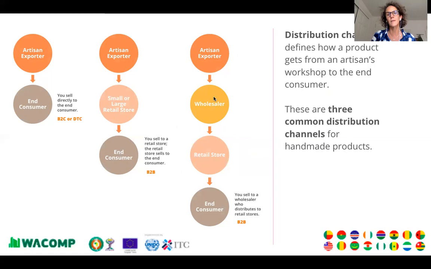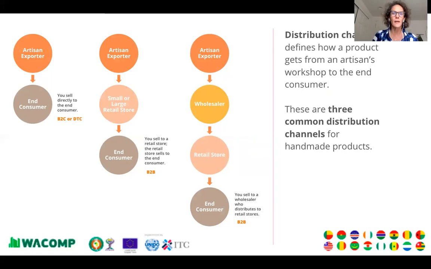That wholesaler sells on to a retail store. That retail store sells on to the end consumer. As I said, these channels exist in both export markets and domestic markets. If we were talking about the domestic market, we would call this artisan exporter instead an artisan producer or a fashion producer or brand.